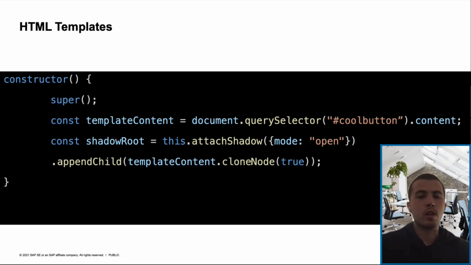As you can see here, we are cloning it recursively because it has some nested elements inside of it. This is basically the way to use HTML templates in your application. And actually, it is the same way that you can use them for building web components. It is pretty straightforward. There are no catches here. So it is very easy to go for it.